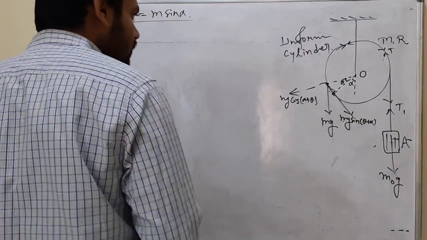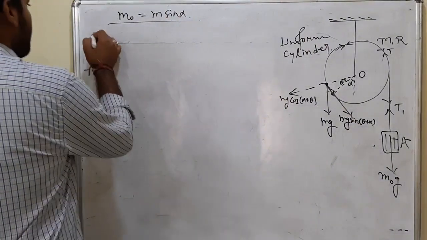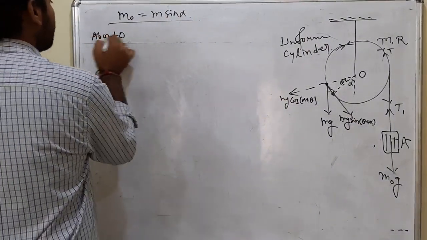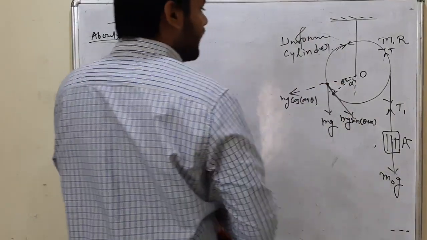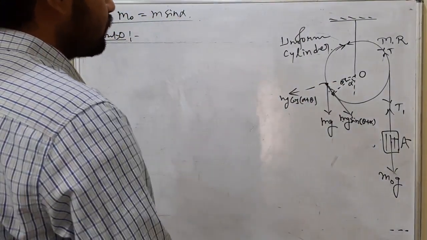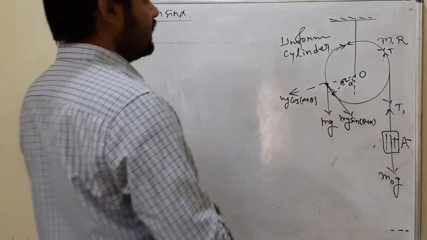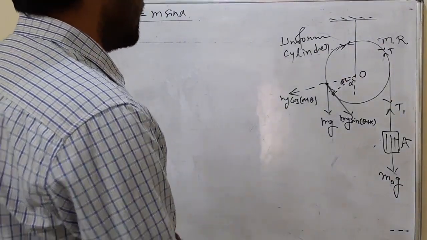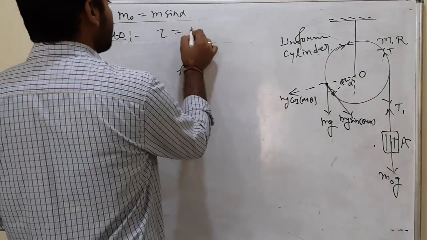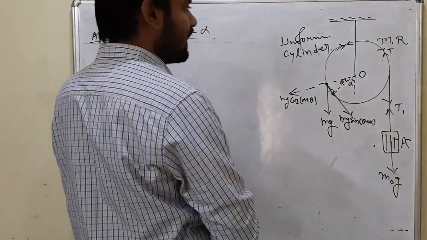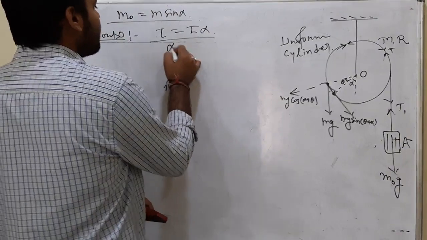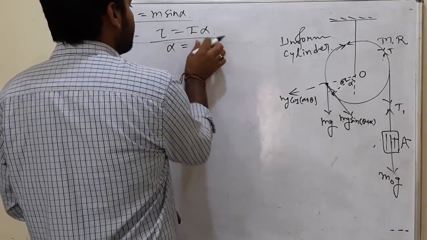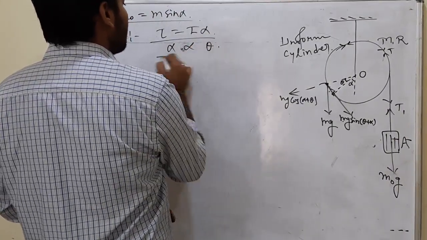Now about O, the center of the cylinder, we can write the torque equation, because this uniform cylinder is going to perform angular SHM. So I will use the equation tau equals I alpha, and somehow I will try to convert it so that the angular acceleration alpha is proportional to theta.